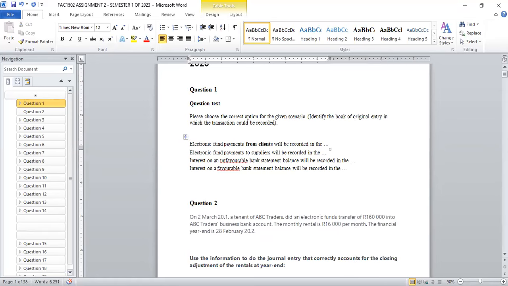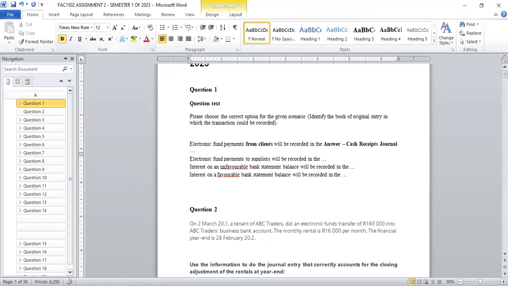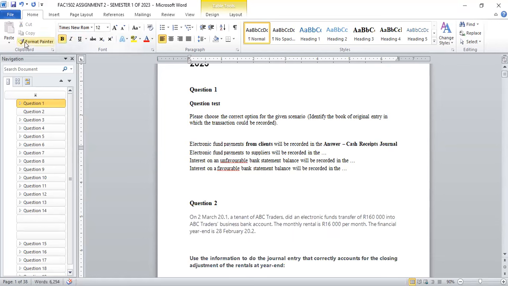Maybe then I can say our answer is our cash receipts journal, mainly because of that from clients. Then this one, payments to suppliers. When we are paying our suppliers, that will be cash payments, because we're paying.